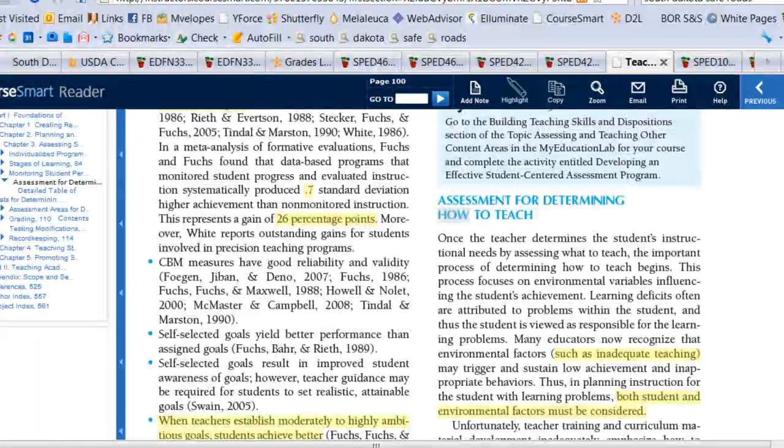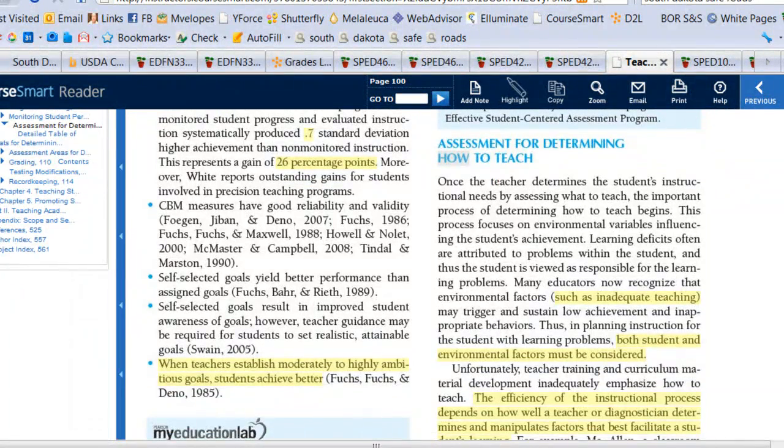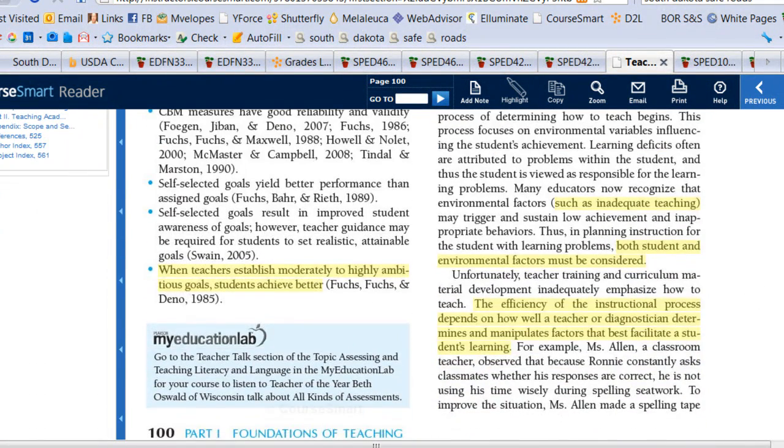So what is it? Well, many educators now recognize environmental factors such as inadequate teaching can be a trigger to low achievement. Both student and environmental factors must be considered. In other words, them and you. What they're doing and what you're doing.